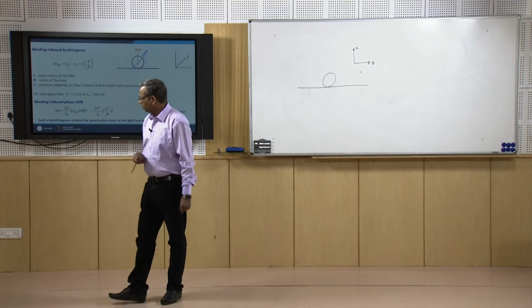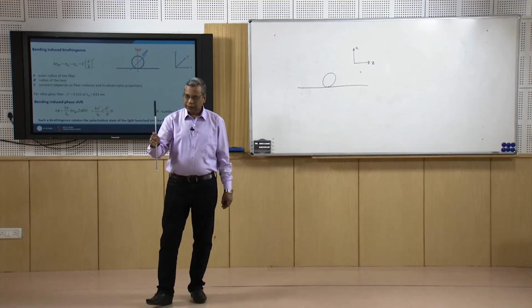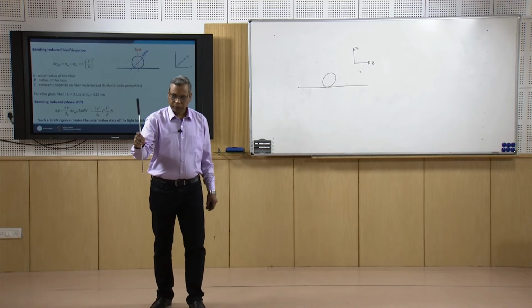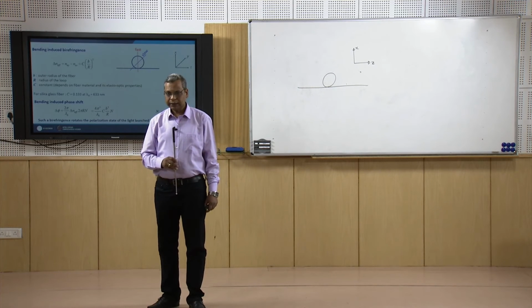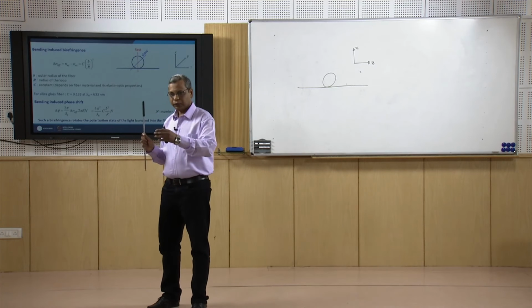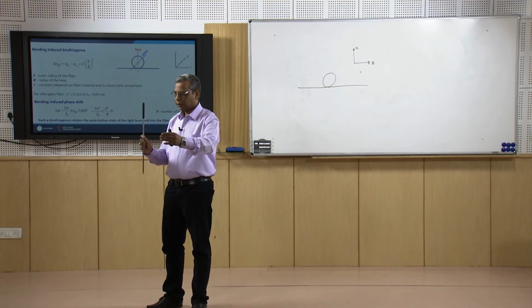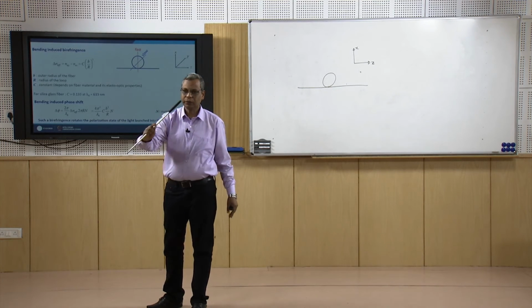So, you can find out the state of polarization at any distance Z, and since there is a phase shift accumulated, this polarization state will slowly rotate.